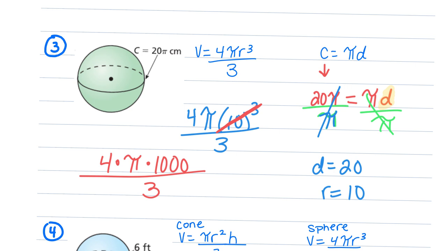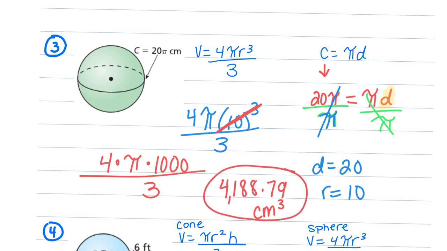So I could show you what we're doing. And also it keeps you organized because it's easy to just plug things into the calculator and not know if you're missing pieces. So I get 4188.79. And this is centimeters cubed.